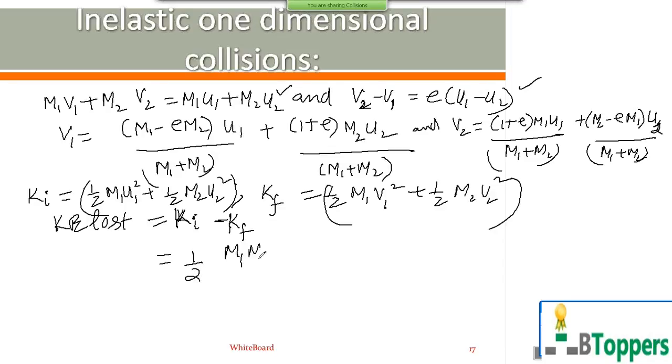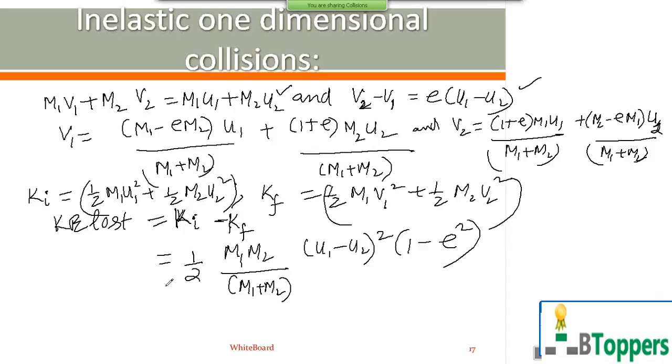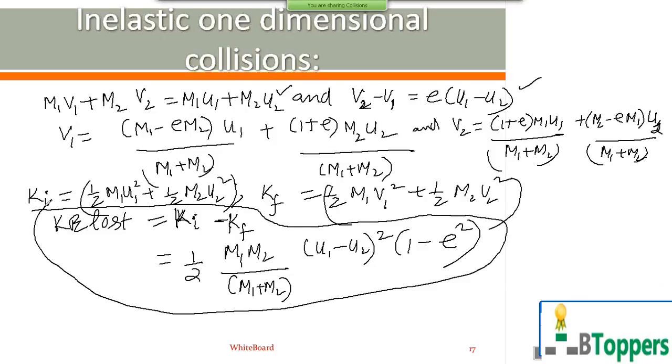So you get half m1 m2 by m1 plus m2 into u1 minus u2 whole square into 1 minus e square. So that is the expression for kinetic energy lost in a one-dimensional inelastic collision.